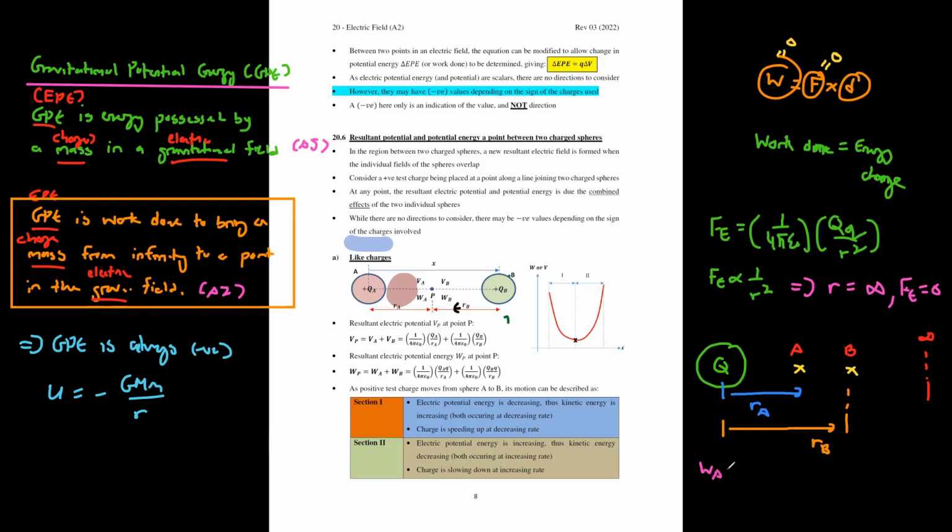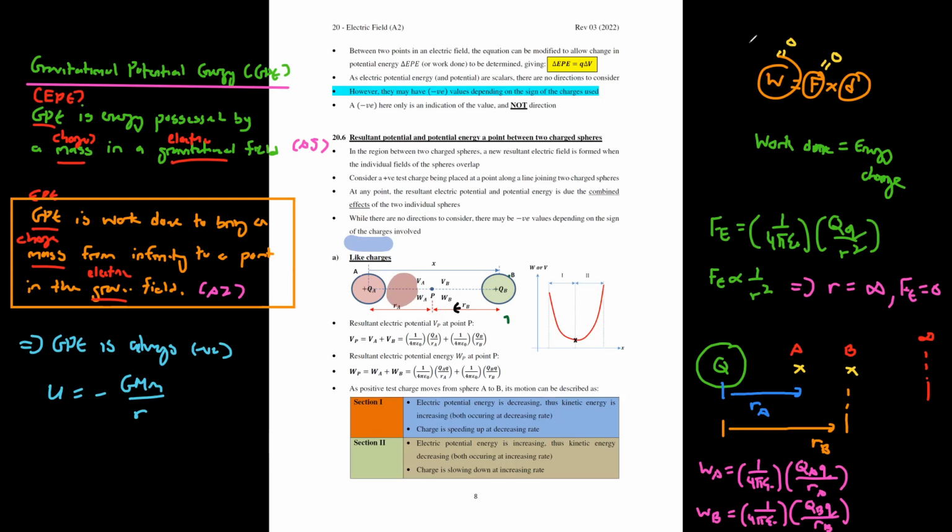you would rightly say it is 1 over 4 pi epsilon naught QA times the test charge divided by RA. And then when you're talking about potential energy at B, it will be 1 over 4 pi epsilon naught QB times Q over RB.